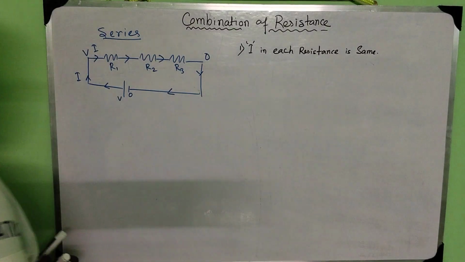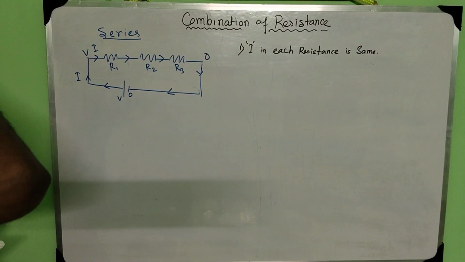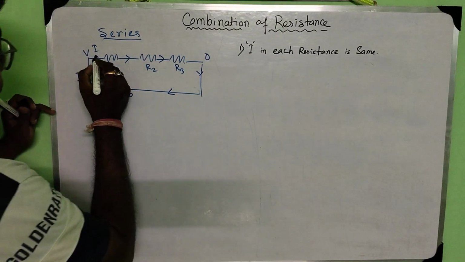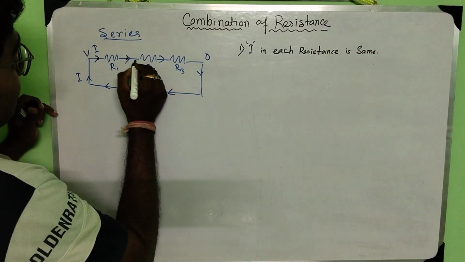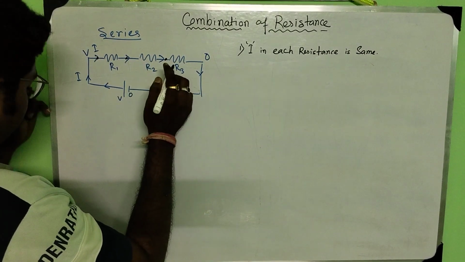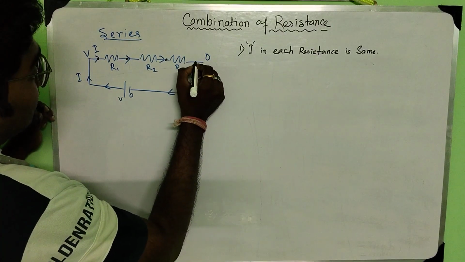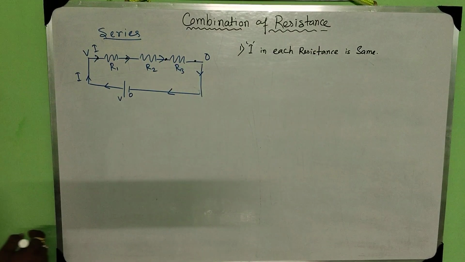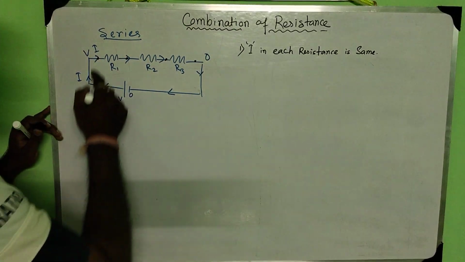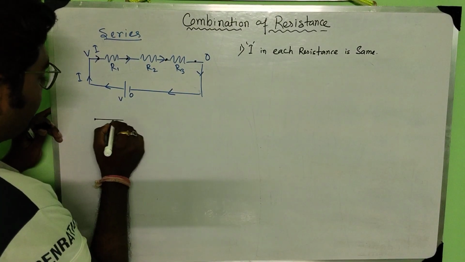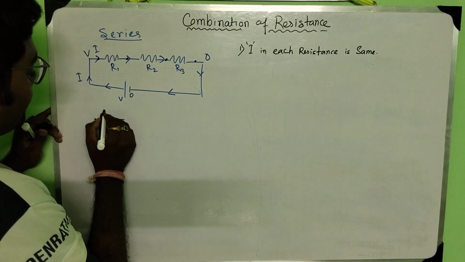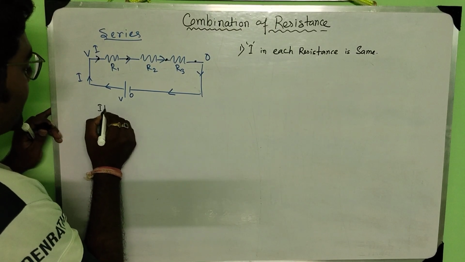Now if we talk about the voltage across each resistor, for the first resistor the voltage will be I into R1.